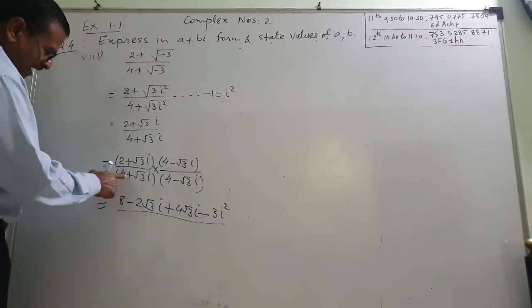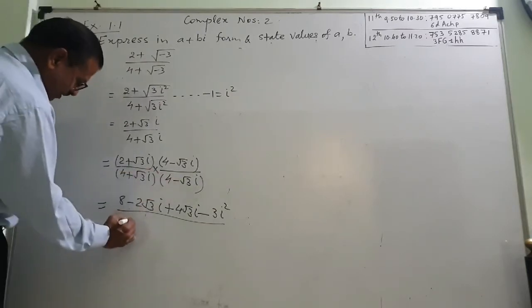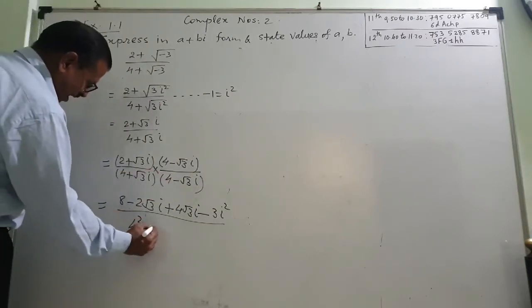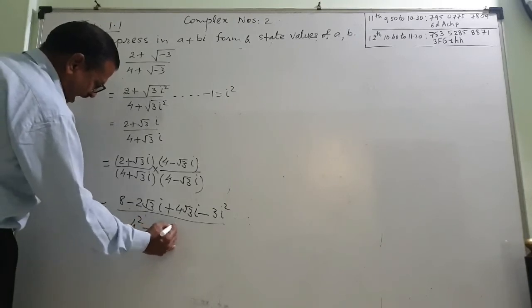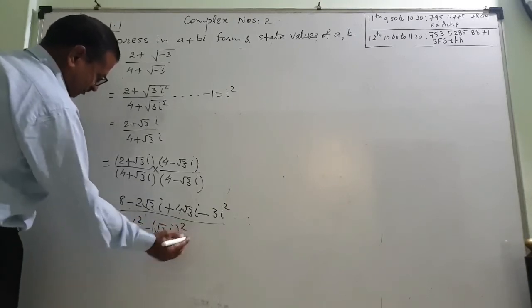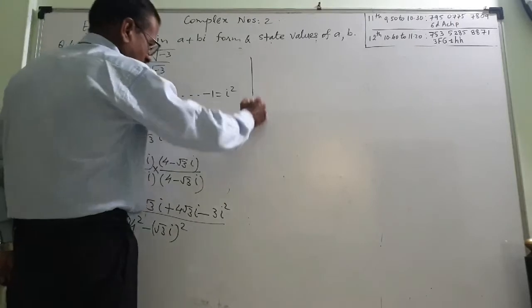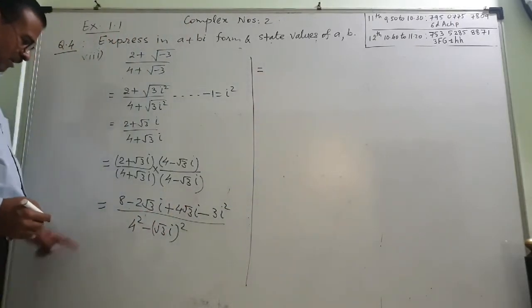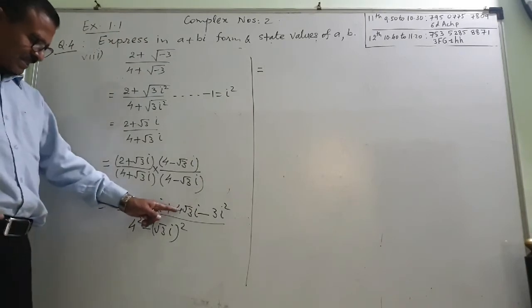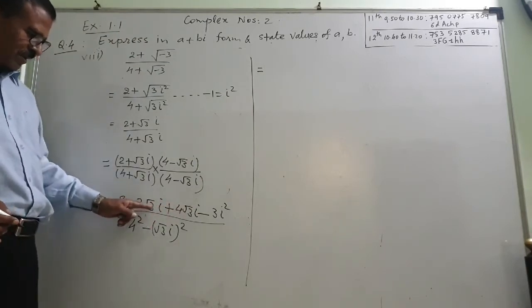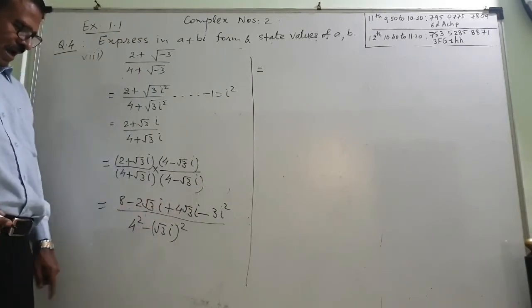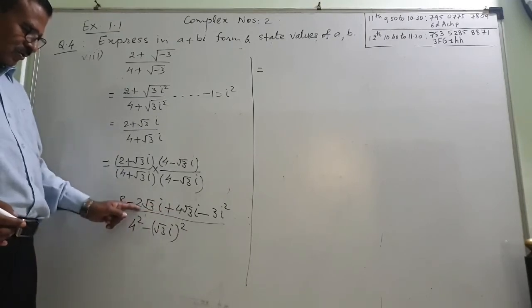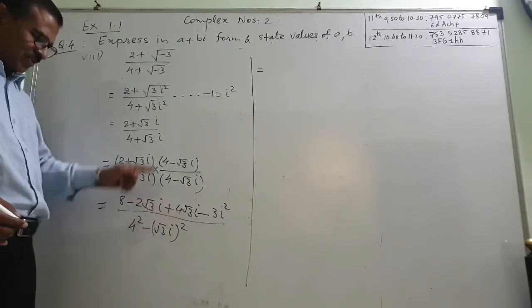Now this, a plus b, a minus b means 4 square minus root 3 i bracket square. That is equal. Now in this 2 root 3 i, 4 root 3 i is common. 2 root 3 plus 4 root 3 is 6 root 3.